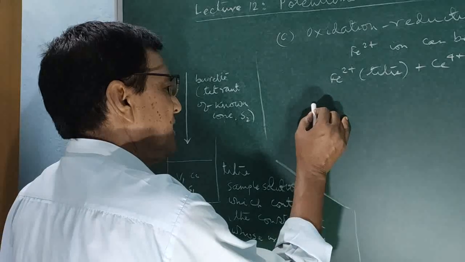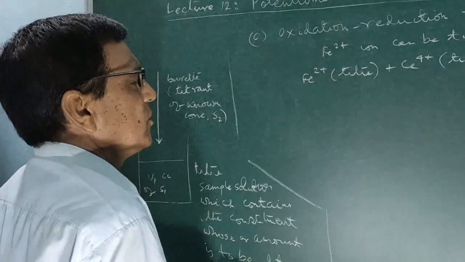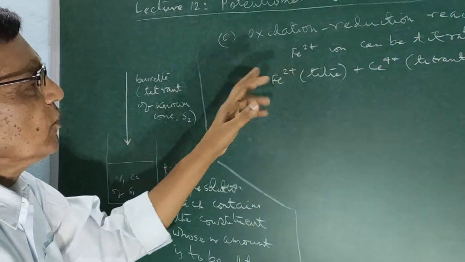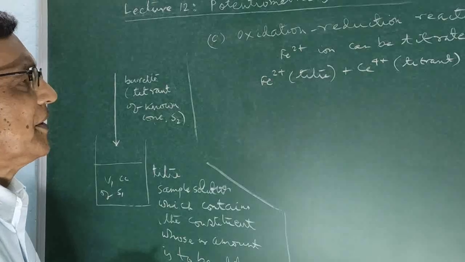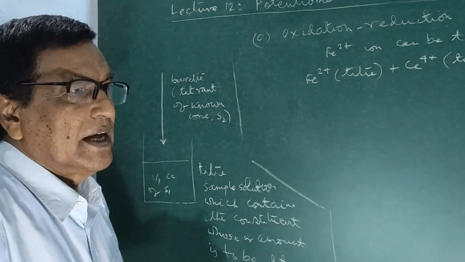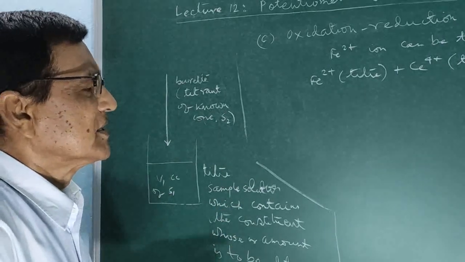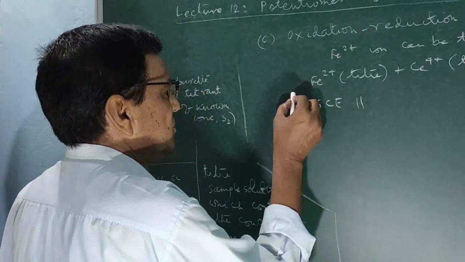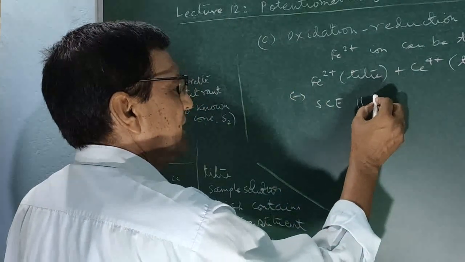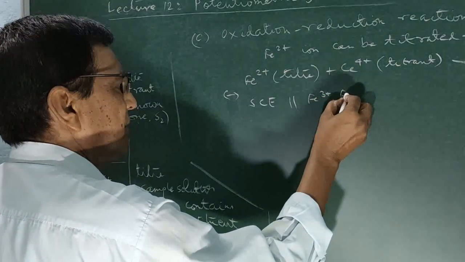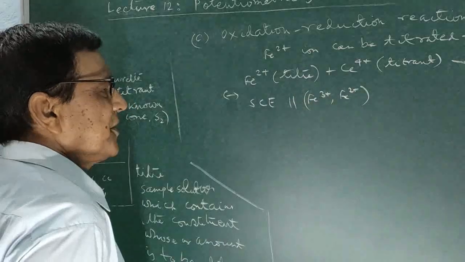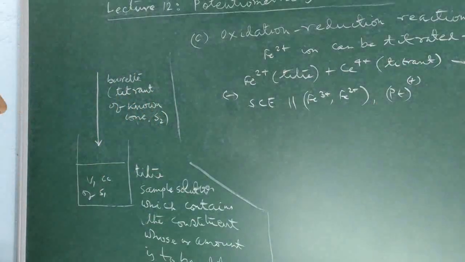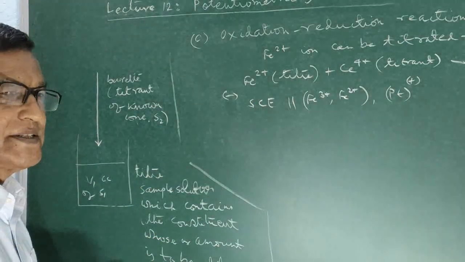The potential of this electrode will change with the oxidation of this ferrous ion to ferric ion, and one cell is to be set up, combined with another saturated calomel electrode, and this is the salt bridge, and this one is the negative electrode, meaning anode, and here this ferric ion and ferrous ion solutions are taken, and here this platinum electrode is connected, and this one is the cathode.